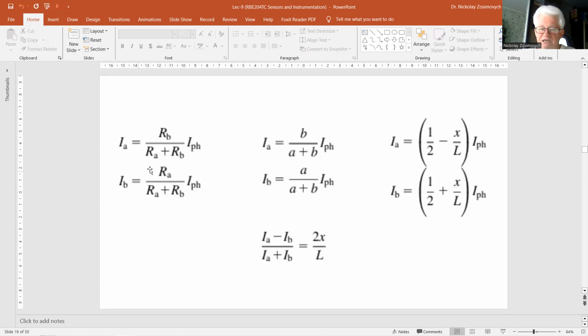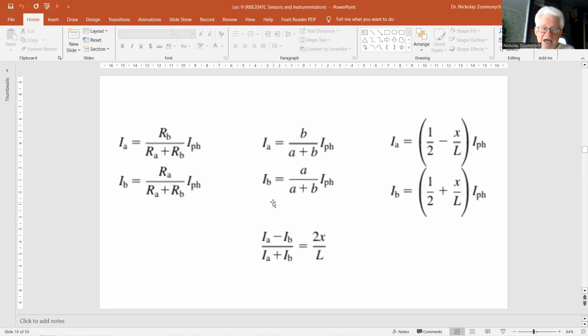Let's see this first block. Assuming a homogeneous resistance over the whole length, this can be rewritten as you can see on the second. Generally, the origin of the coordinate system of the PSD is chosen at its center.